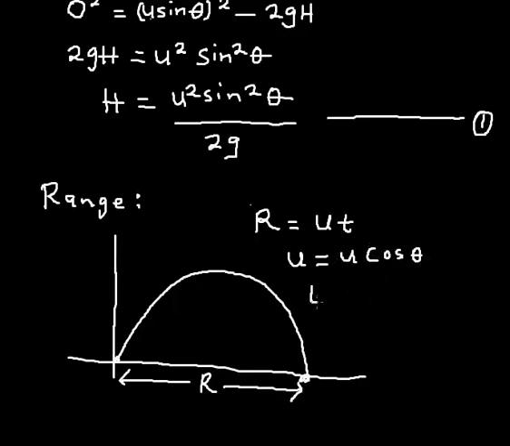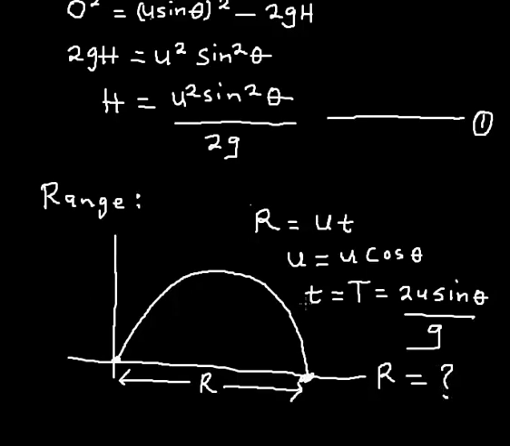The time I'm going to consider is at the point where we are measuring the range, when the motion has completed. So the time is going to be the time of flight, which of course is 2u sine theta all over g. Then I'm looking for the range now, combining this and expressing it in this equation.